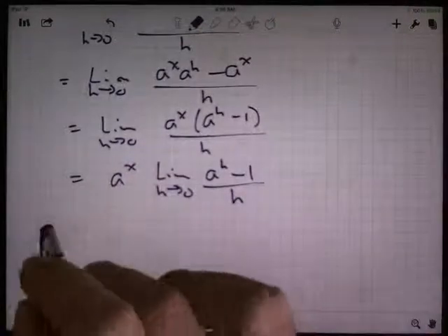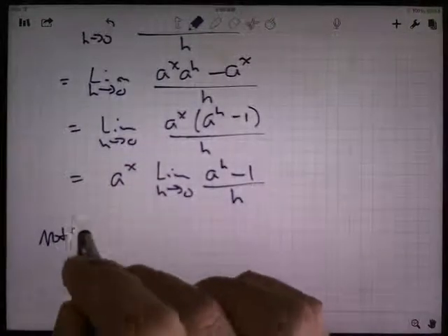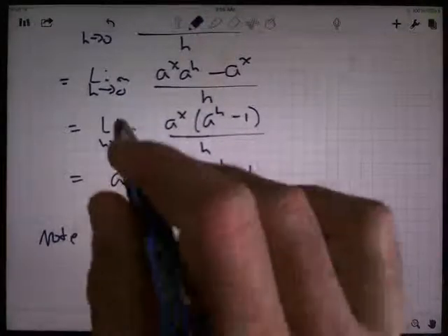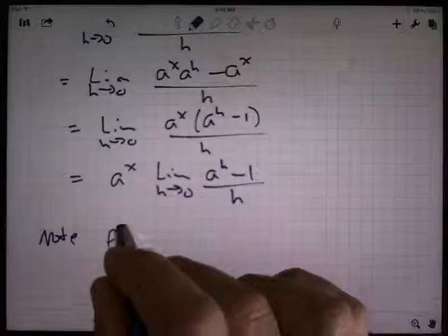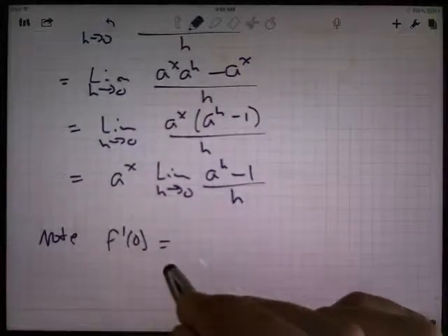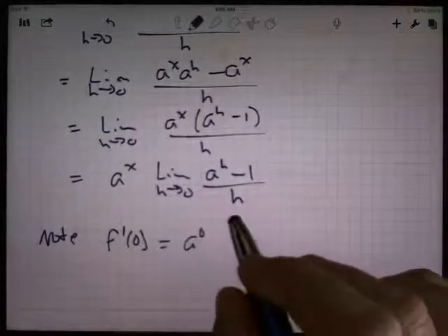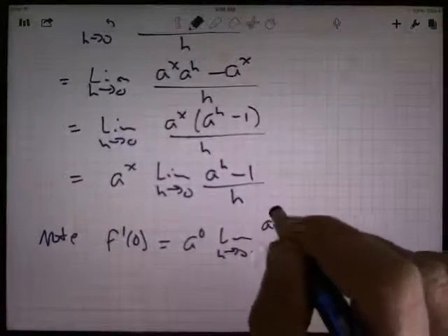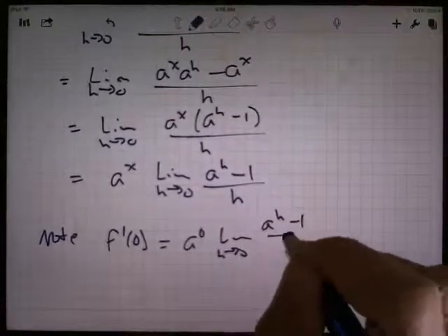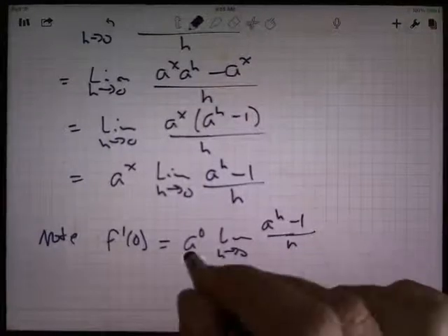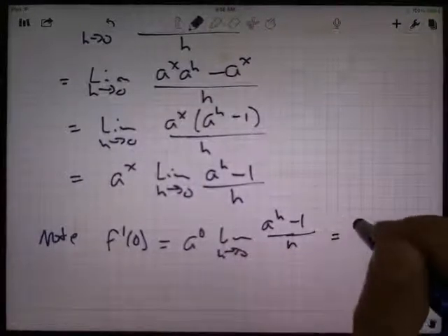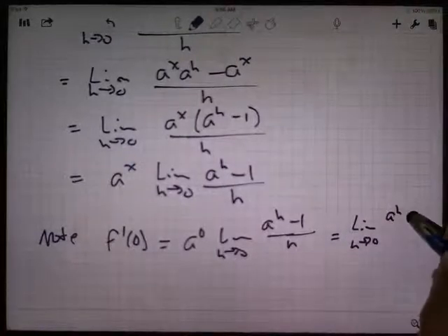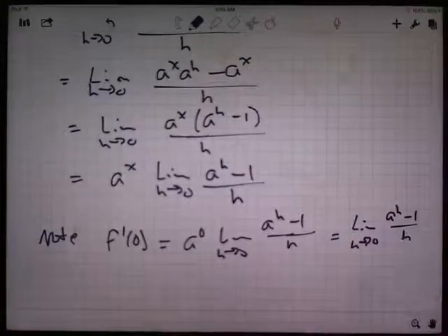And in particular, note f prime of 0 is a to the 0 times the limit as h goes to 0 of a to the h minus 1 over h. And the a to the 0 is just 1, so this is just the limit as h goes to 0 of a to the h minus 1 over h.